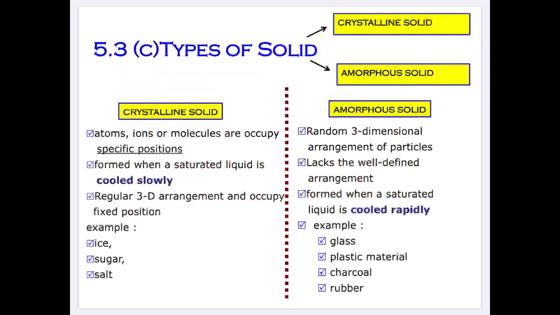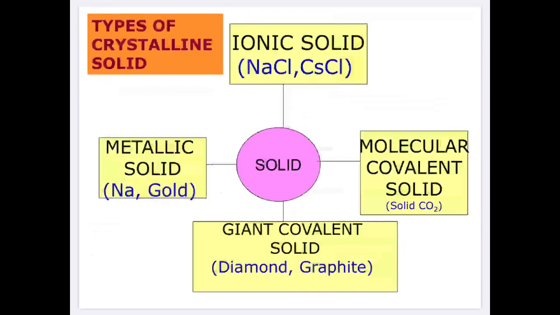Examples for crystalline solid are ice, sugar, and salt, while for amorphous solid, the examples are glass, plastic material, charcoal, and rubber.